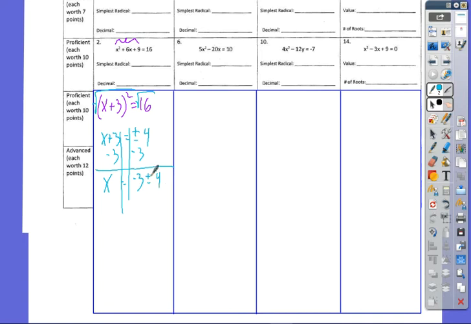Negative 3 plus 4 is 1. And x also equals? Negative 7. That was nice. Harmonized is really, really wonderful. So we would end up putting both answers in our blanks.